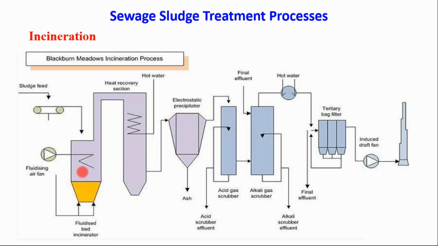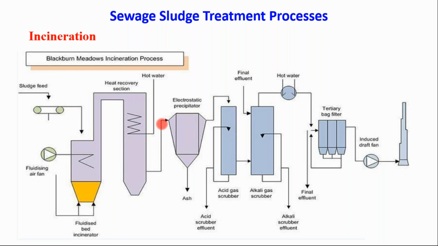After incineration or combustion, the heat carried by these particles can be recovered with the help of water. So water is going to absorb the heat from these flue gases.